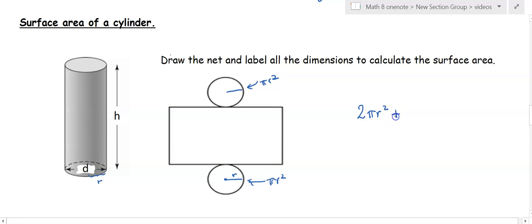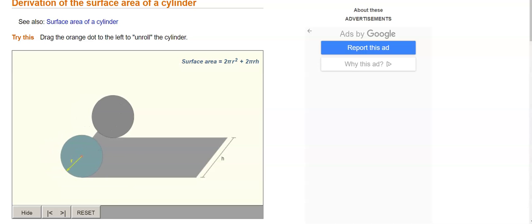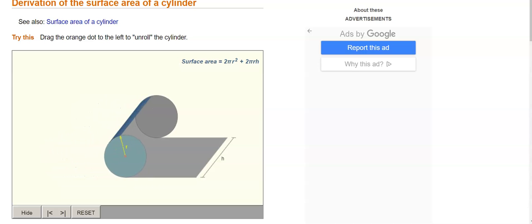And then we need to add on a rectangle. Well, the height of this rectangle is the height of the cylinder. So that matches up there. The part that's difficult is to figure out this part right here. What is that part? I showed it to you earlier. If we go back to that visual, we can see that that label wraps around the soup can.